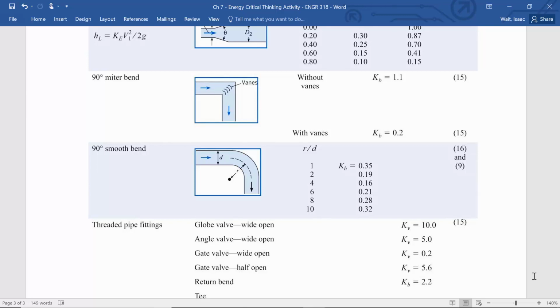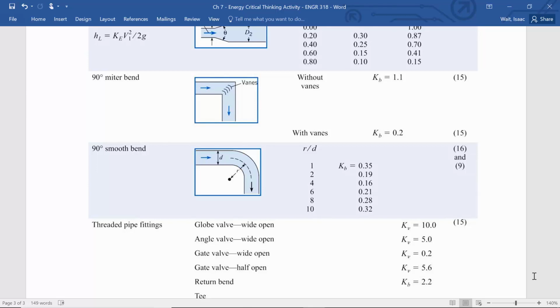Here's maybe 0.35. Here would be maybe 0.20. Maybe we throw in a gate valve here that's not closed. What's the gate valve? 0.2. You just add them all up.